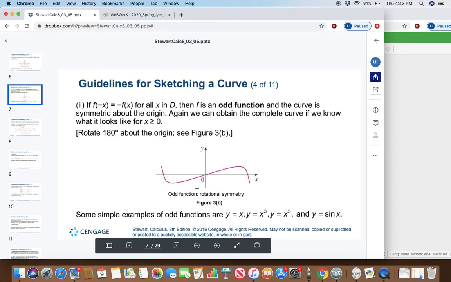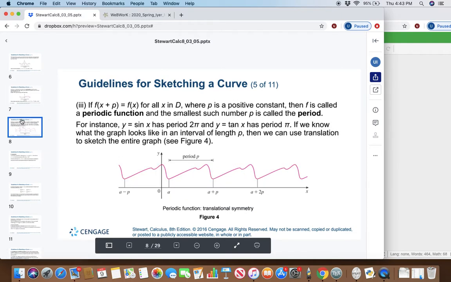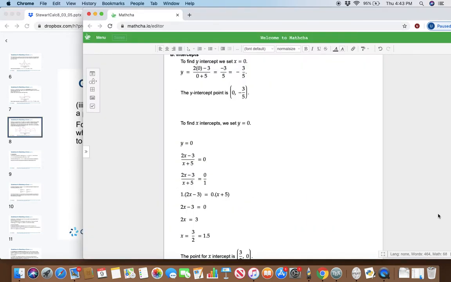That is, you turn it 180 degrees and you get the same picture back. Another way of thinking about it: take this picture, reflect once more, you get the same picture back. And the third one is about periodic functions. If there is a period, the function repeats for every period after that. So three items to be checked in the case of symmetry.